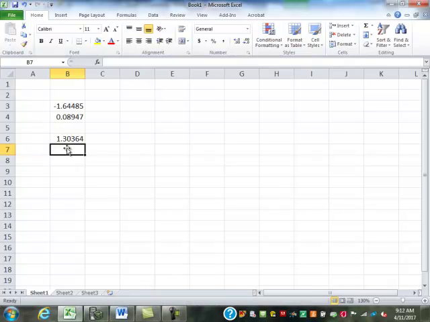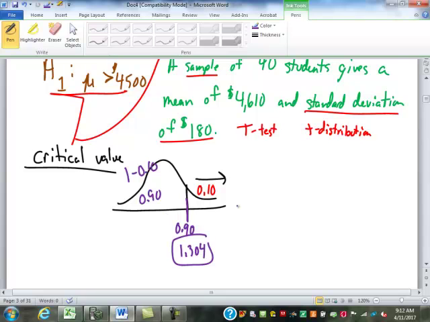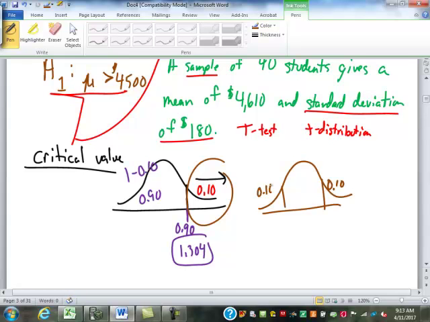So in Excel, the T inverse function always assumes it's two-tailed. So this is where it gets a little confusing using Excel. A single tail here contains 0.10. Well, Excel won't let us do a single tail. So what we have to do is use this curve here, where we've got 0.10 here and 0.10 there. We just assume the other tail is symmetrical. Adding that together would be 0.20 total.